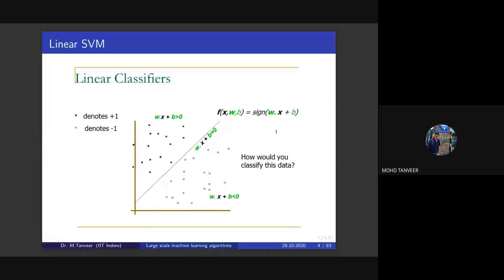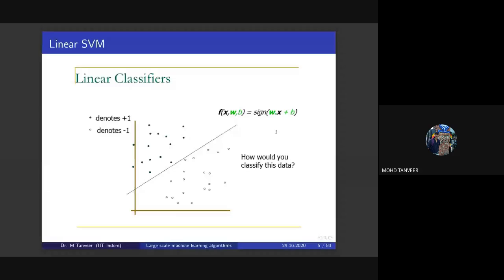Using this line, we can classify this data. I can draw another line and classify the data with another line. There are several such lines that can classify.